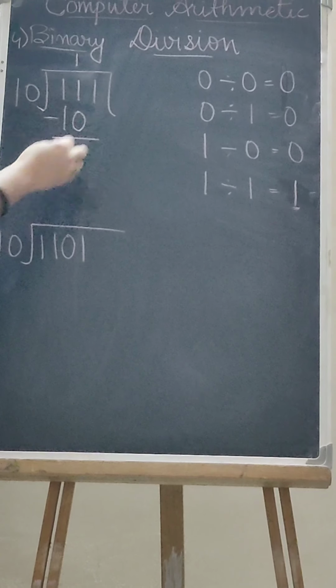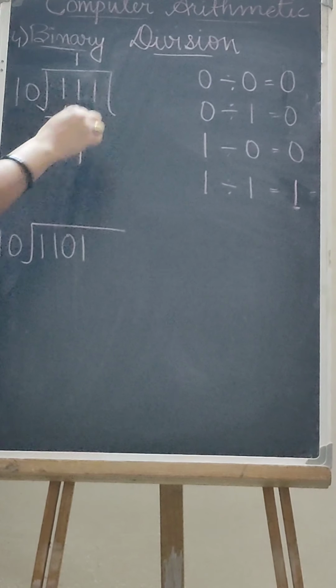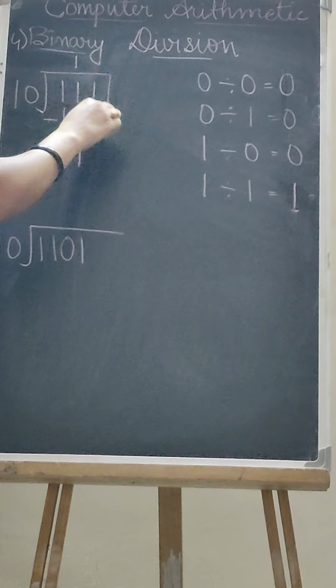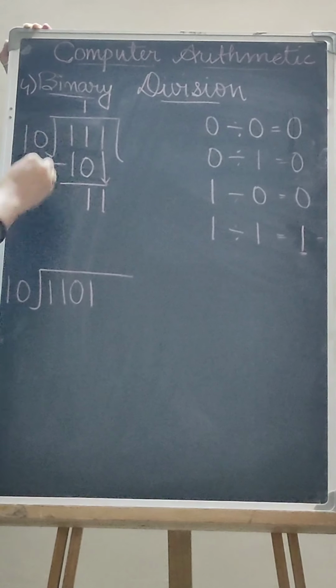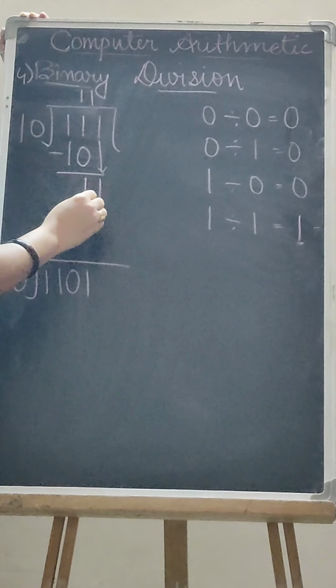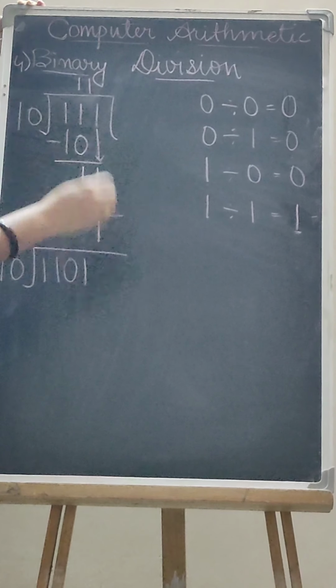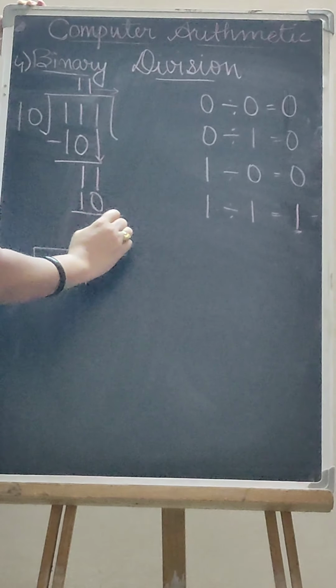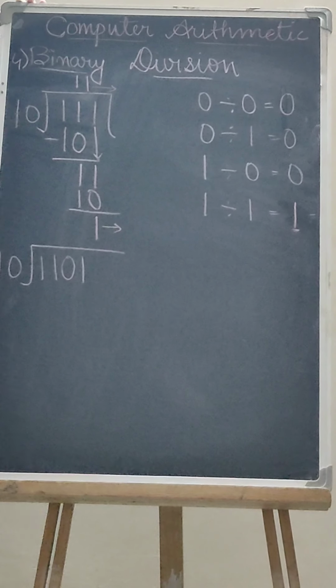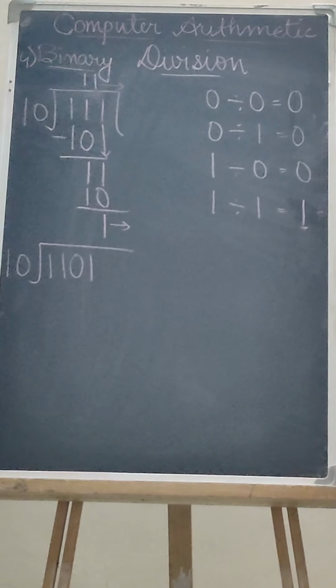Subtract this one with this, you will get 1. Now put this number 1 down. 1 1. Again 1 0 into 1 is 1 0 and again you will get remainder 1. So this is your quotient, this is your remainder. Like this we can divide in binary division.